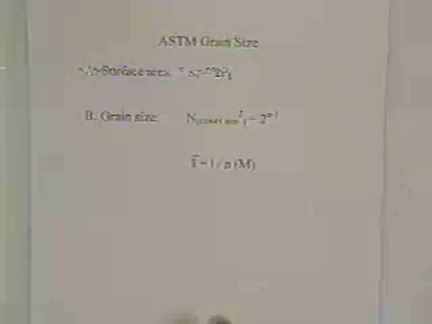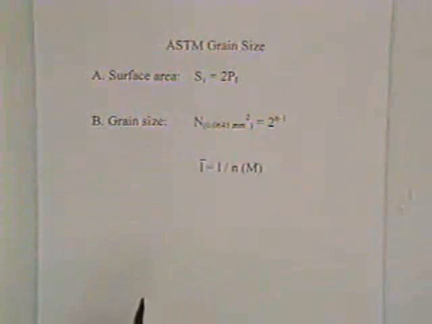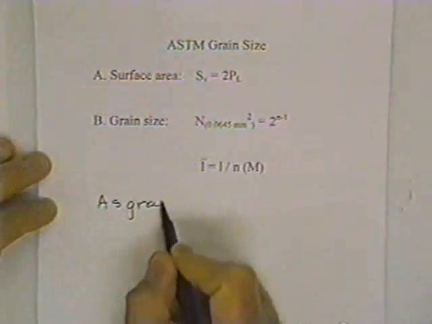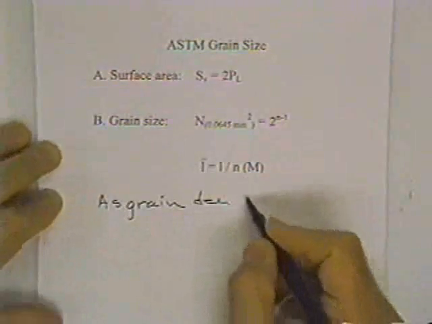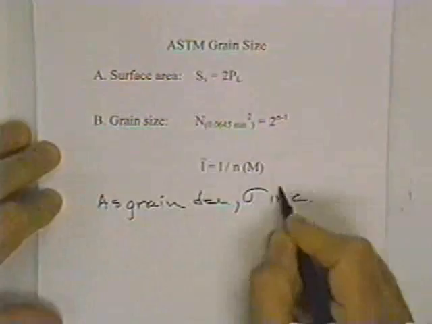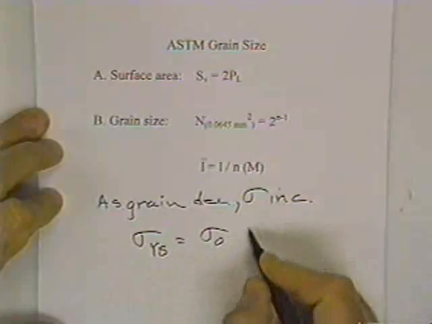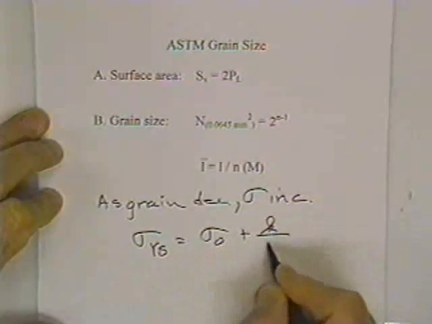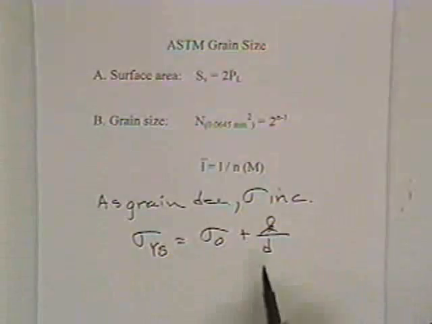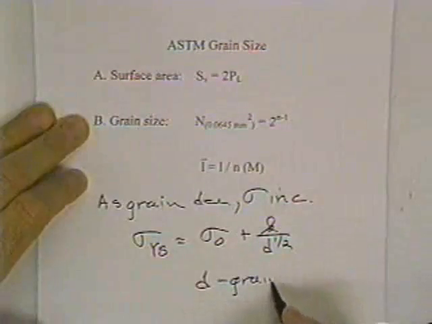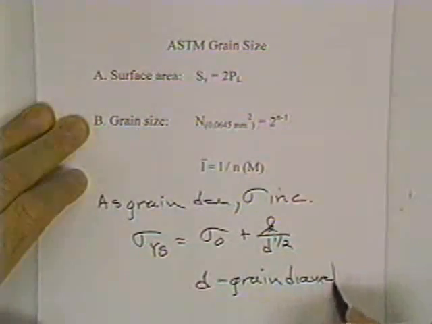And the final two things that we're going to talk about will be the grain size and, briefly, composite materials. Grain size is important. As grain size decreases, the strength will increase. And there's an expression called the Hall-Petch equation, which says that the increase in strength scales with the inverse square root of the grain diameter, where D is the grain diameter.